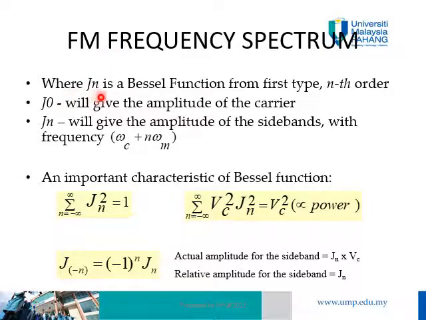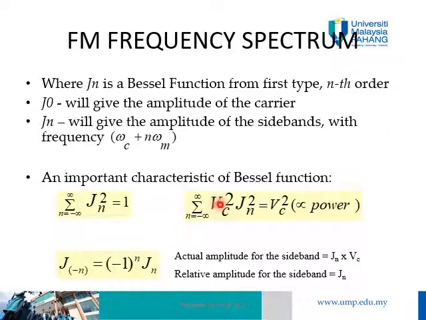where Jn is the Bessel function of the first kind and nth order. J0 will give the amplitude of the carrier. Jn, from n equal to 1 until the significant value of n, will give the amplitude of the sideband with the frequency ωc + nωm.